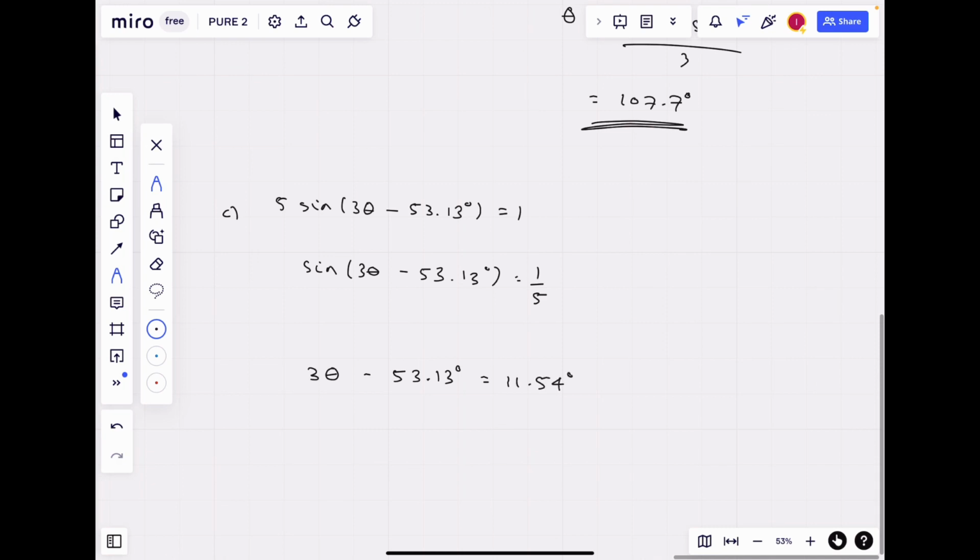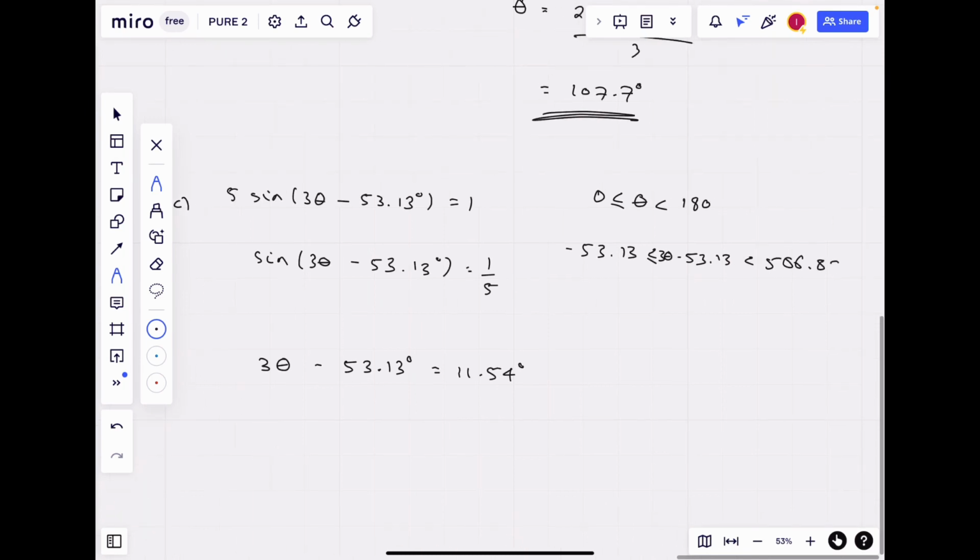11.54 degrees. The interval was originally between 0 and 180. We have 3 theta minus 53.13, so our new interval is minus 53.13 to 506.87.